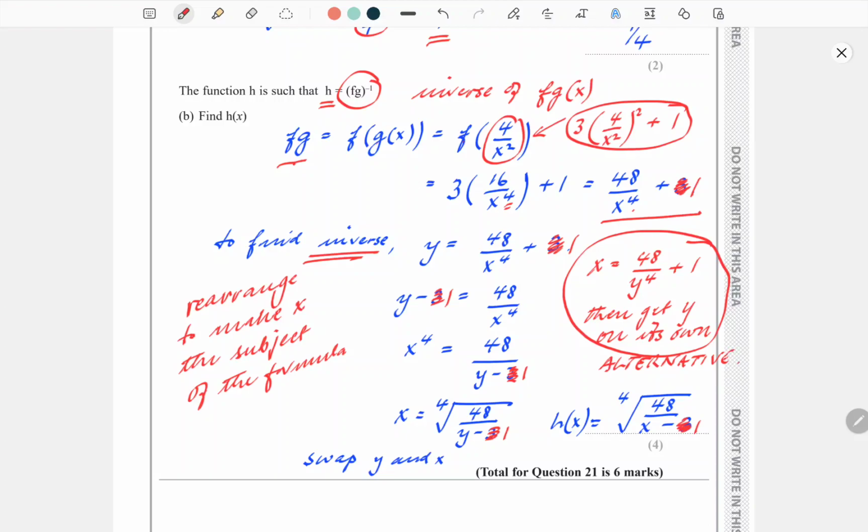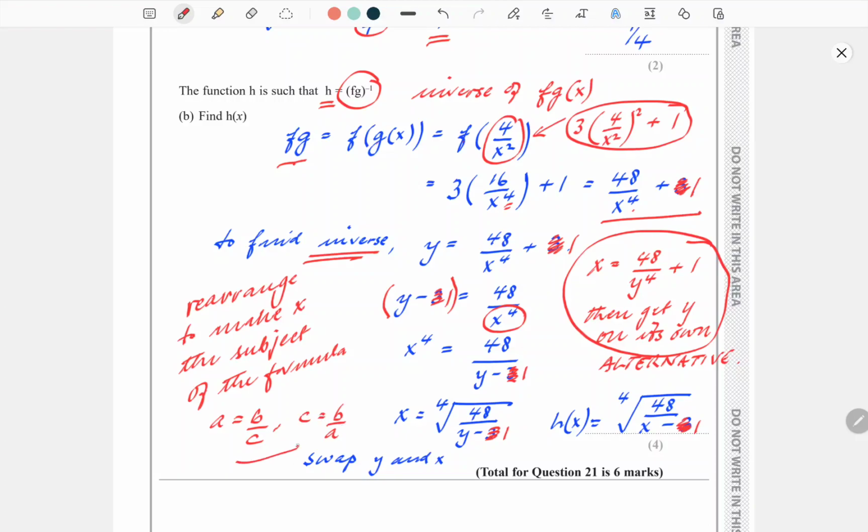All right. Okay, so rearranging this one, we've got y minus 1 equals 48 over x to the power 4. Now, what I've done here is, look, you've got this. Y minus 1 is a complete kind of item, if you like, 2 terms together. And you've got the x to the power 4. We can literally just swap them. If you have a equals b over c, we can rearrange to make it c equals b over a.